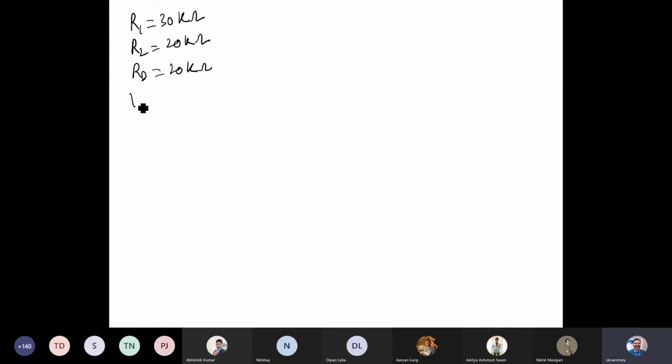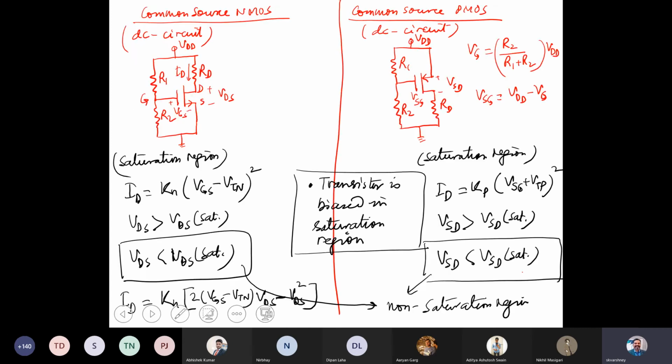VDD is 5 volt, Kn is 0.1 milliampere per volt squared, Vtn is equal to 1 volt. So this is the common source NMOS DC circuit.